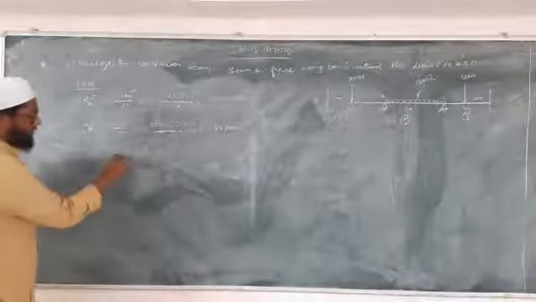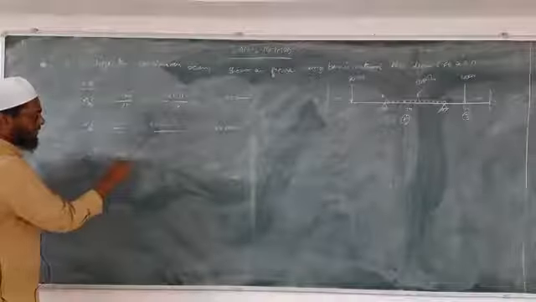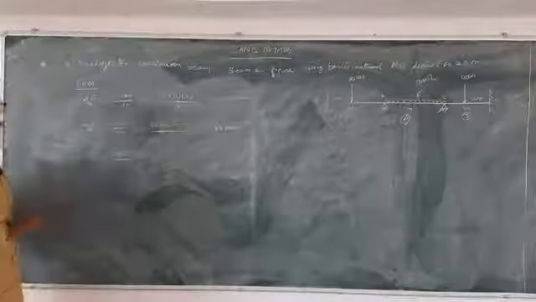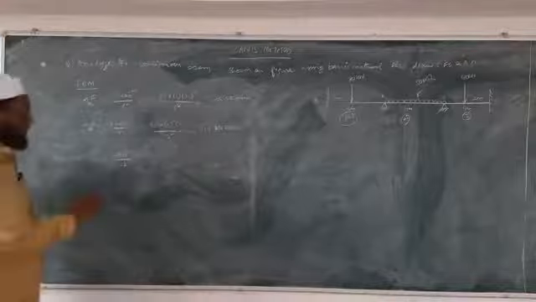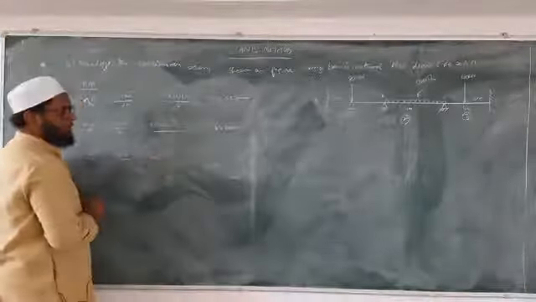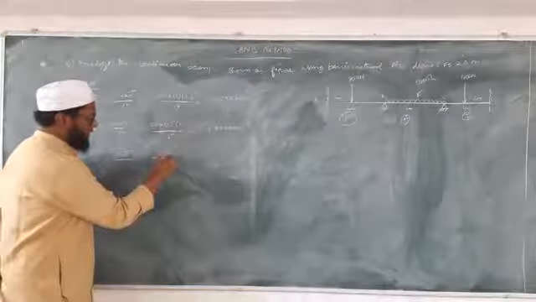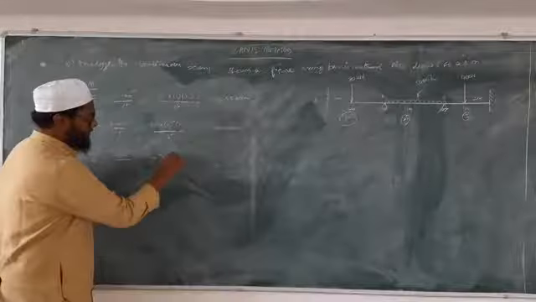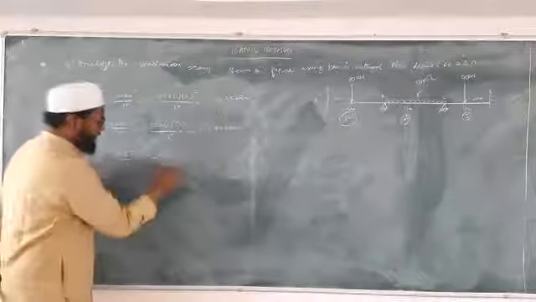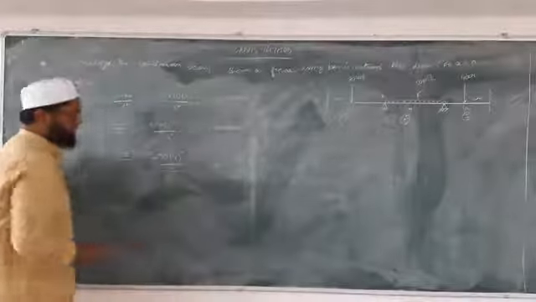Next, MFBC is equal to minus WL square by 12 for UDL, isn't it? So minus W is how much? 50 into 4 square divided by 12 is how much?